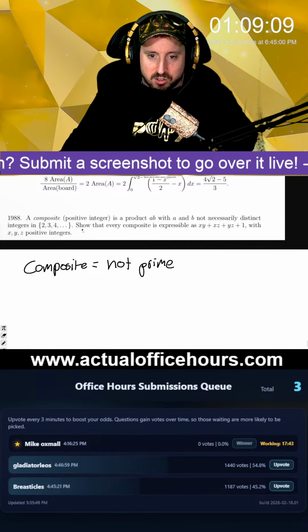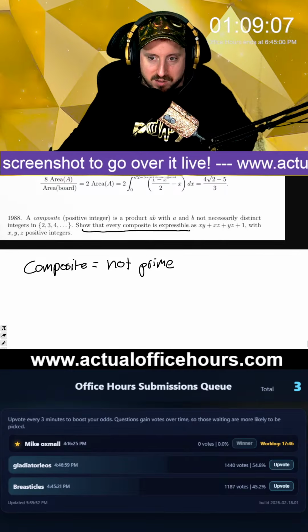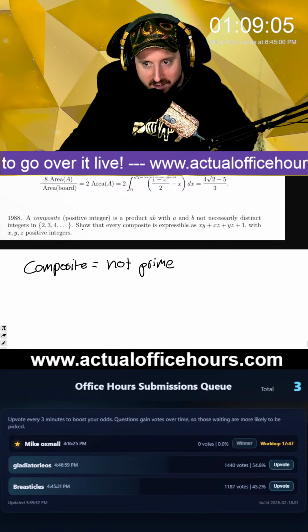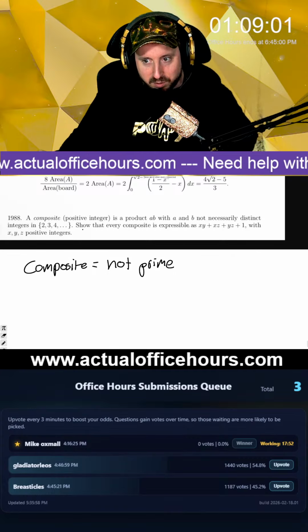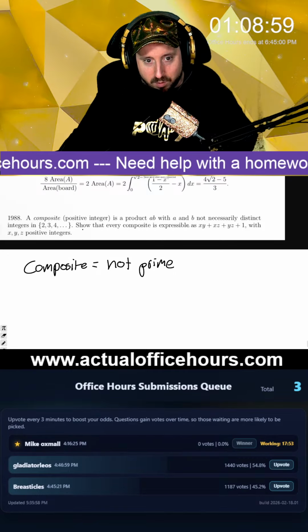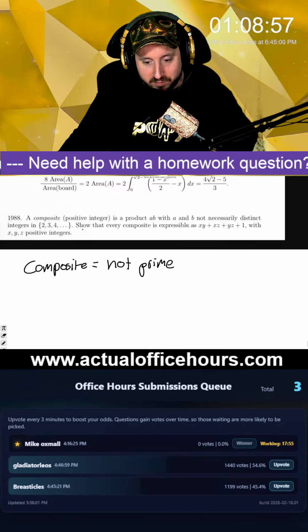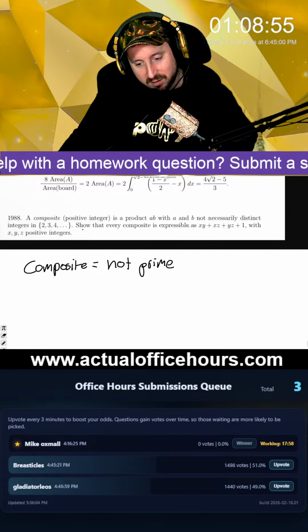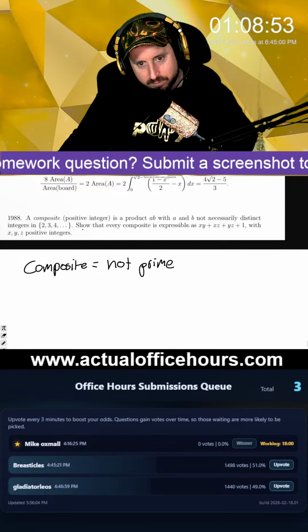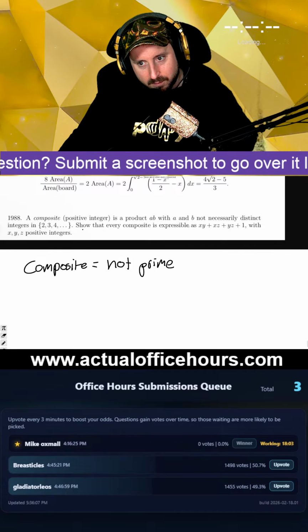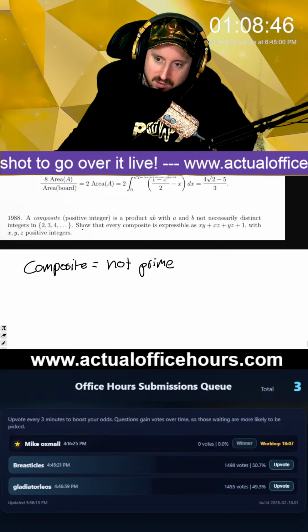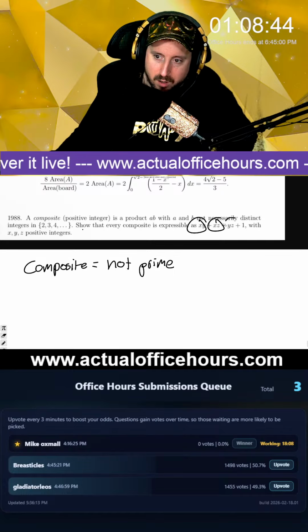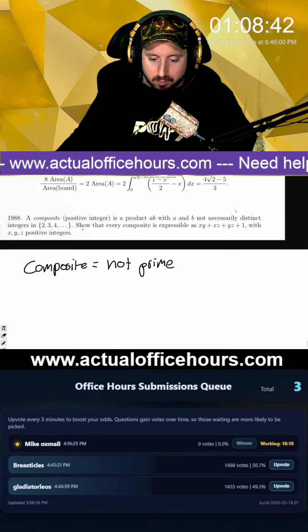So they're saying show that every composite is expressible as xy plus xz plus yz plus 1 with x, y, and z being positive integers. If you notice, that is a cyclic product. We're pairing them all up, like a round robin.